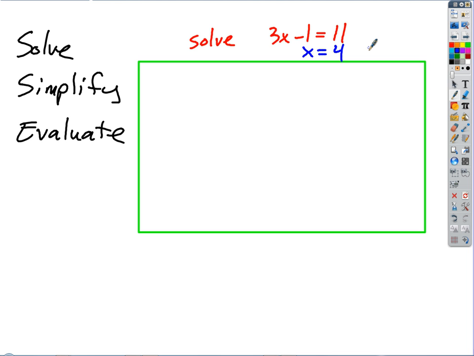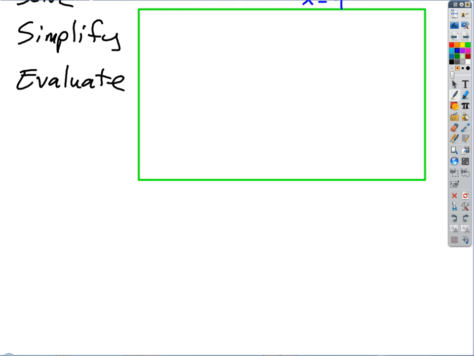So in algebra, we'd say we're going to find the value or values of the variable that satisfy the original equation or inequality, right? So in this case, x equals 4 is the value of x that satisfies the equation, makes it true. The equation is satisfied when it's true, it's dissatisfied when it's false, right? Make sense?